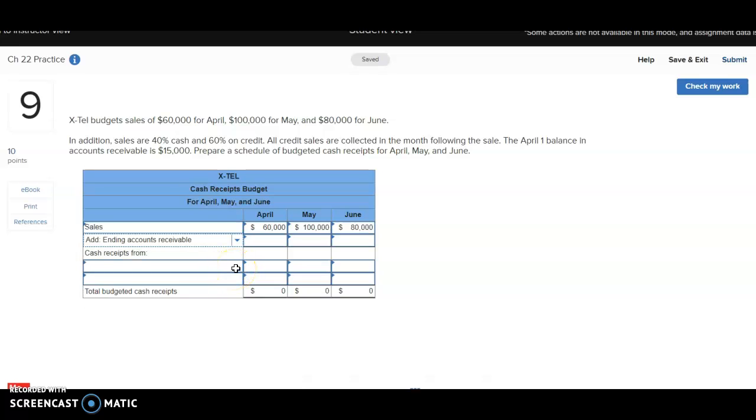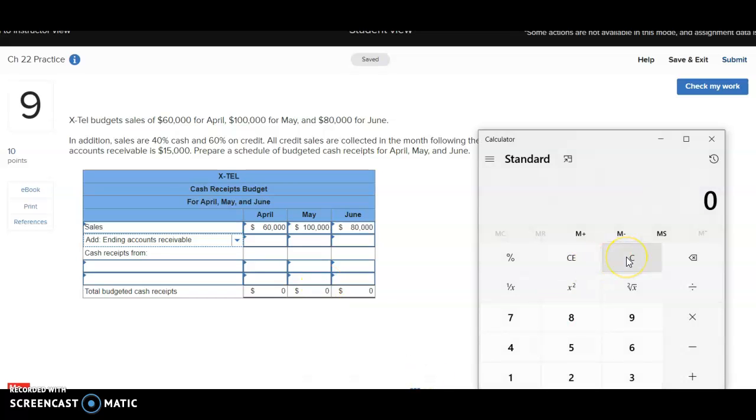We're going to calculate each of those. I'm sorry, it's going to be 60%. 40% is cash, 60% is credit. So we're going to take each of those numbers and 60% times 60,000, it's going to be 36,000.